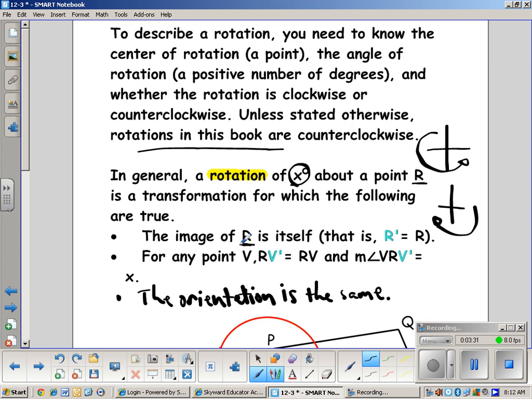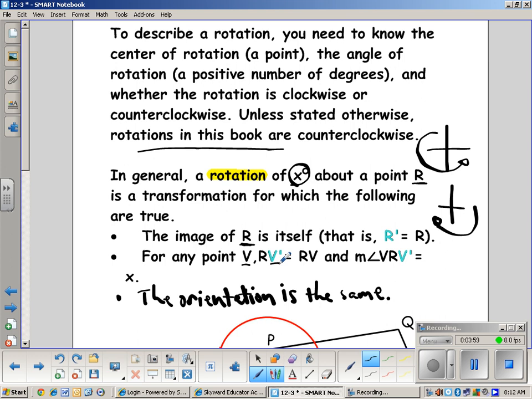Okay? And then for any other point, say some other point V, the distance from R to V prime, the image, is equal to the distance from R to V. So again, I have my ruler, and I'm holding on to this hole here. This is my point about which I'm rotating. And down here is 30 centimeters right here.